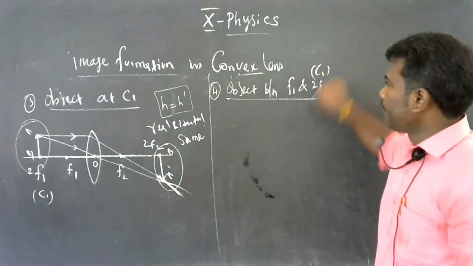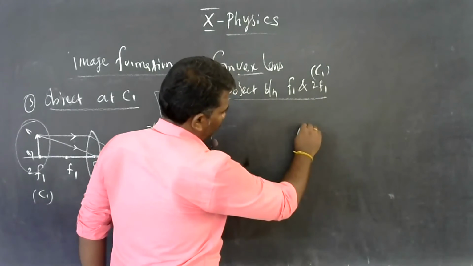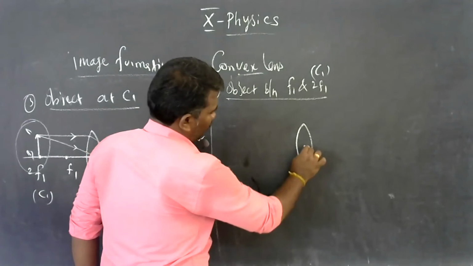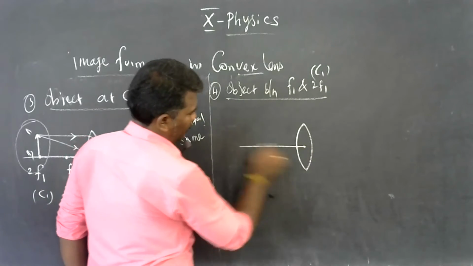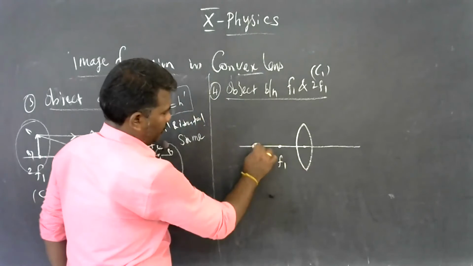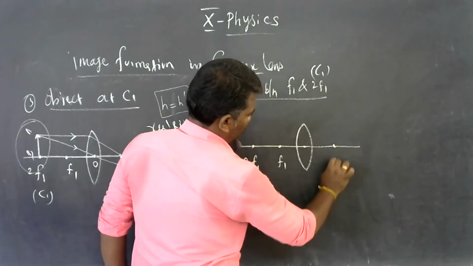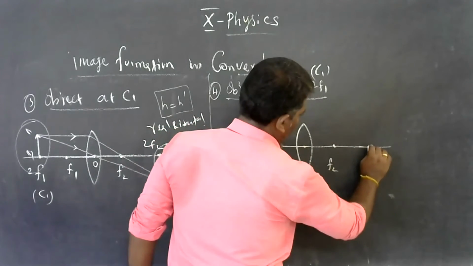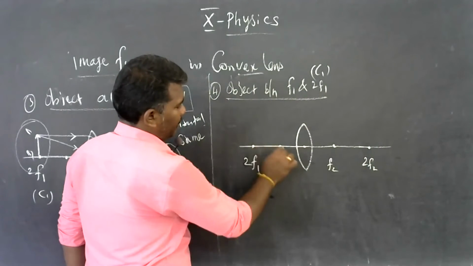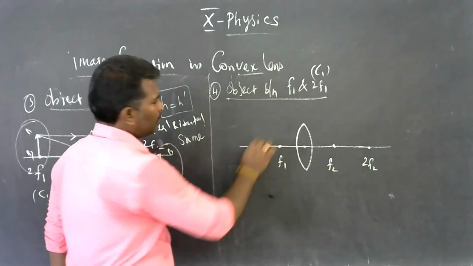Okay, this is C1, F1, 2F1, F2, 2F2. So the object is in between. We can place the object anywhere in between the points F1 and 2F1.